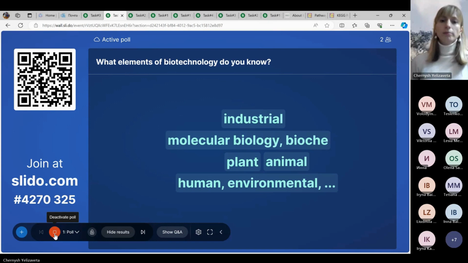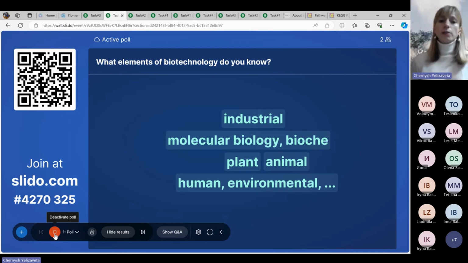So elements: equipment, bioreactor, fermenter, and some other equipment for purification of products. These are elements of biotechnology, across different industry applications. So the engineering part: equipment, bioreactor, fermenter, yes. The next part is our biological agents. Without these biological agents, we cannot talk about biotechnology. They are our producers of useful products.